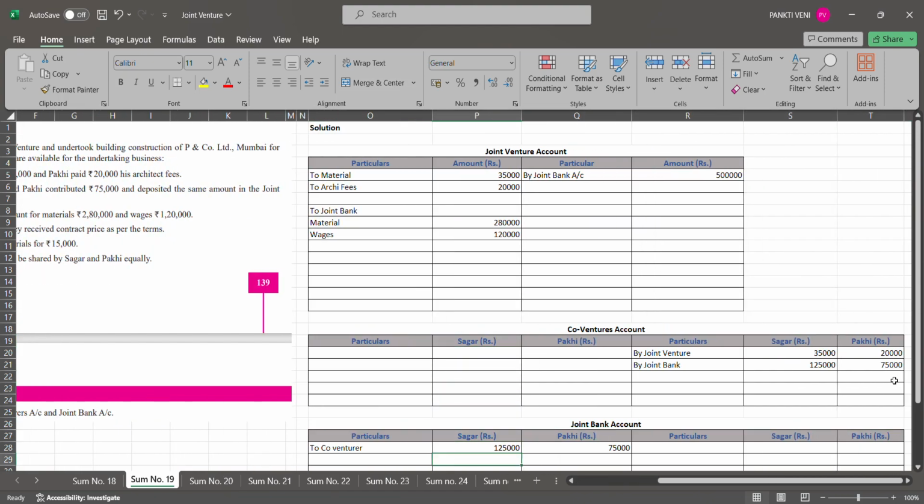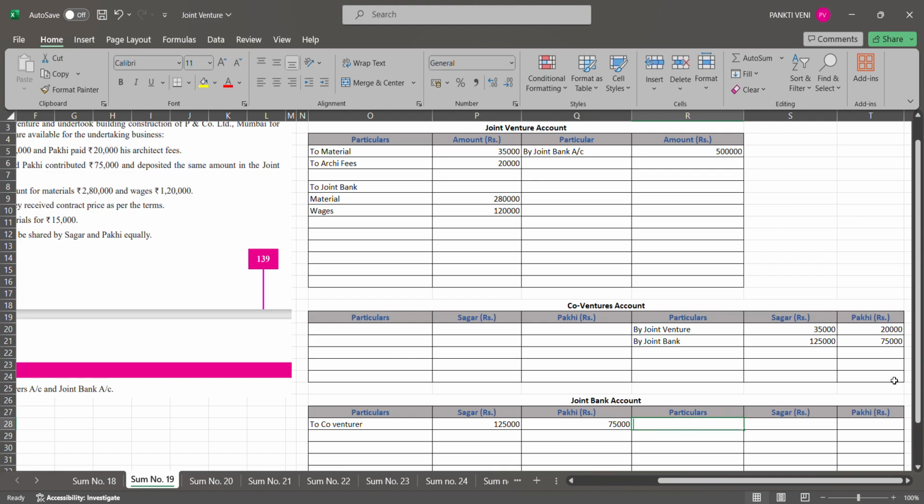And under joint bank account, it is by joint venture, 2,80,000 and 1,20,000.